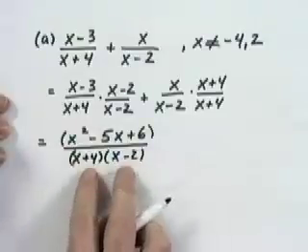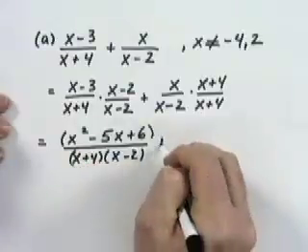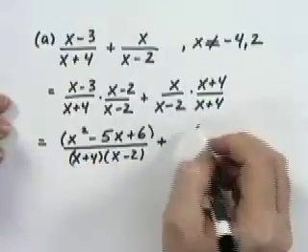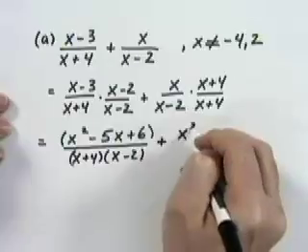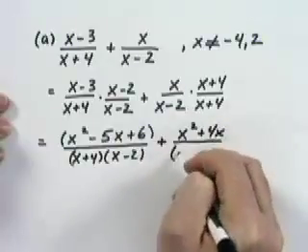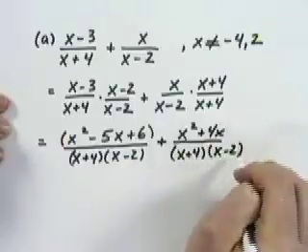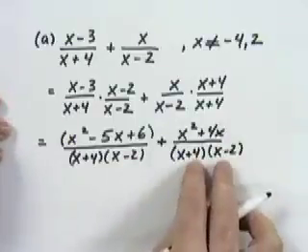You should have noticed that I did not decide to multiply out the denominators. That's because we prefer them to be in factored form. Then plus, here I'm going to distribute my x, and I get x squared plus 4x over, again, x plus 4 times x minus 2. Again, always leave your denominator in factored form.